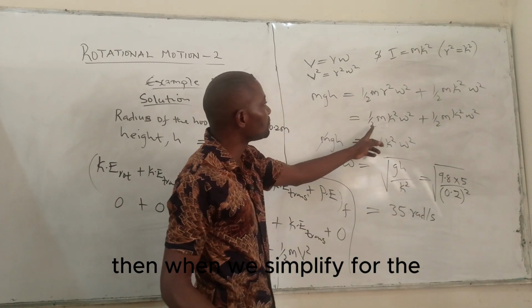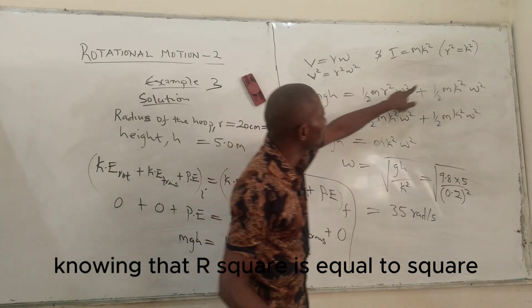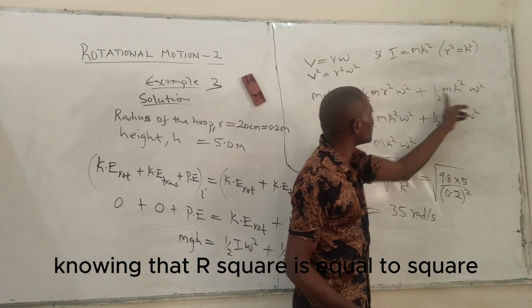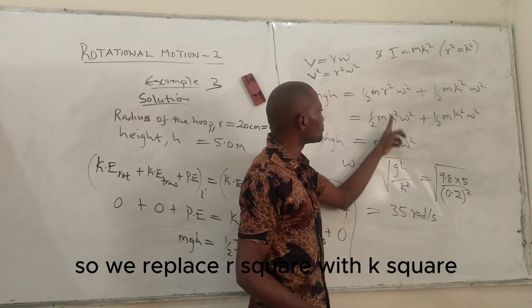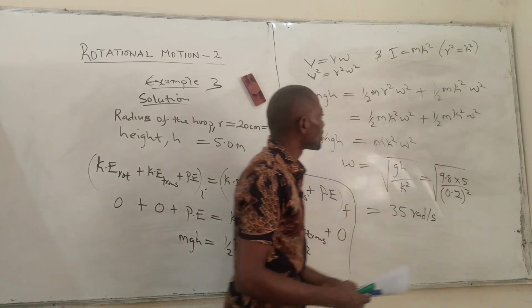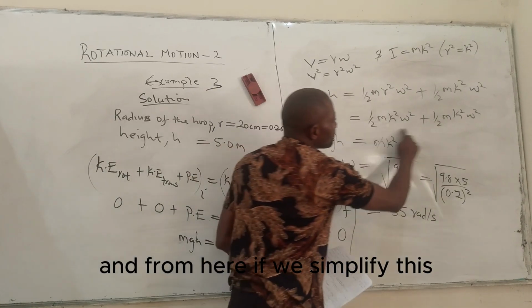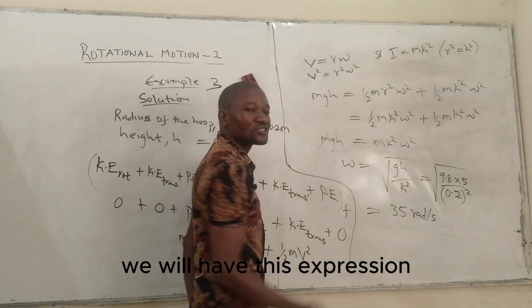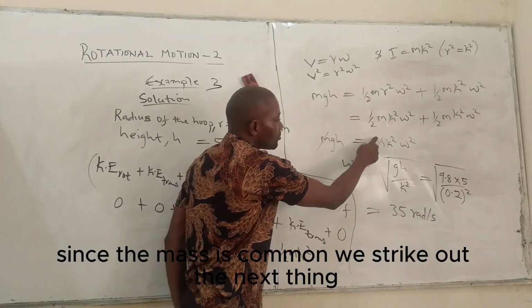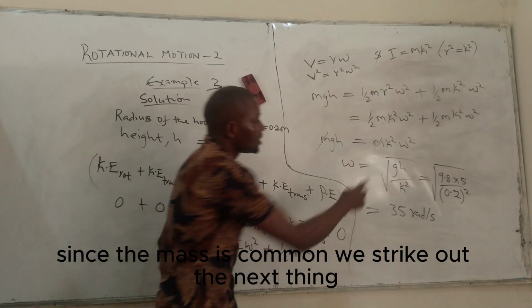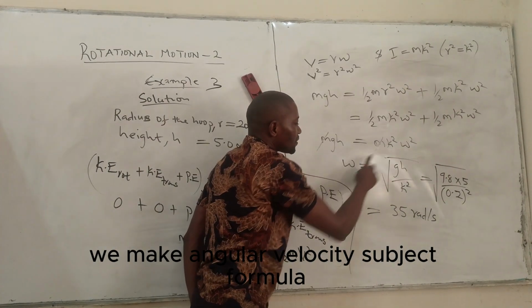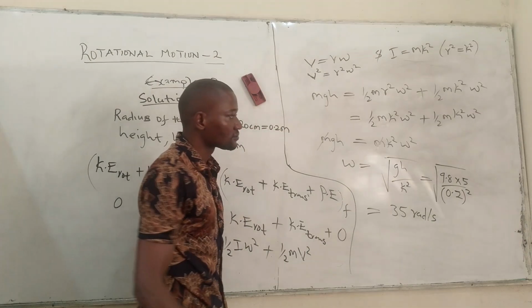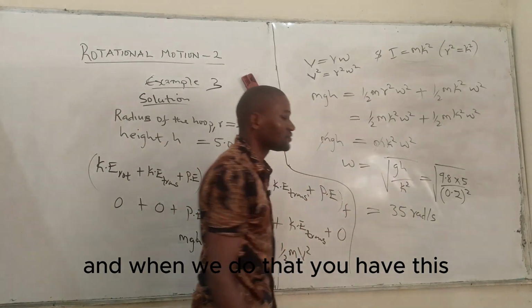Then when we simplify further, knowing that r square is equal to k square, we replace r square with k square. And from here, if we simplify this, we will have this expression. Since the mass is common, we strike out. The next thing, we make angular velocity the subject of the formula. And when we do that, you have this.